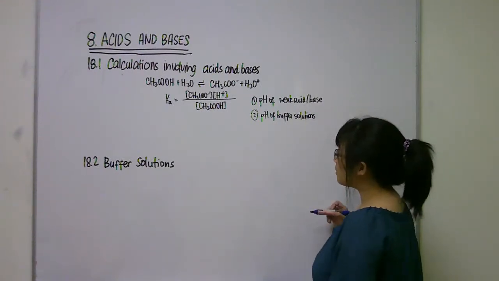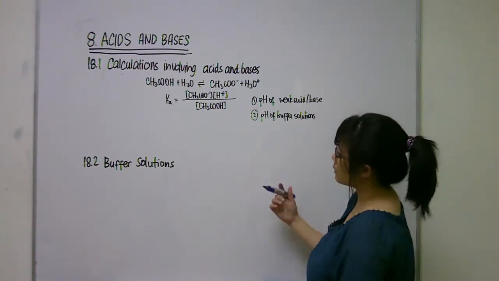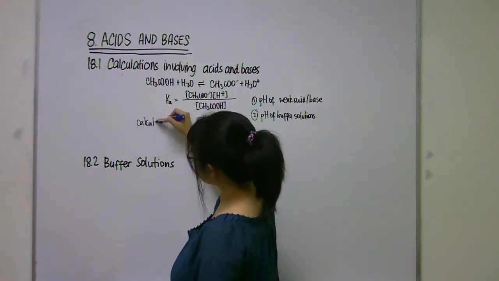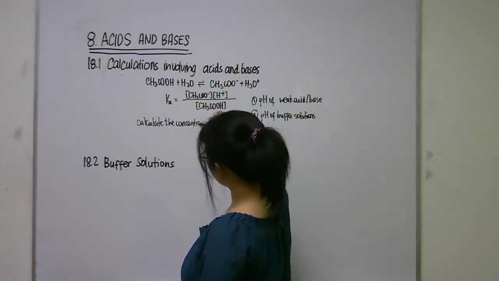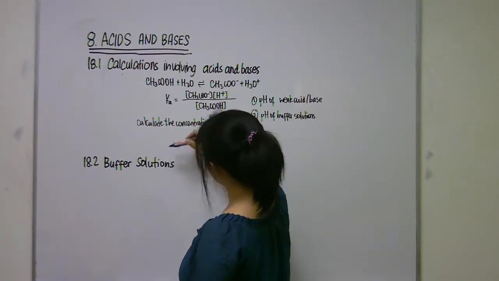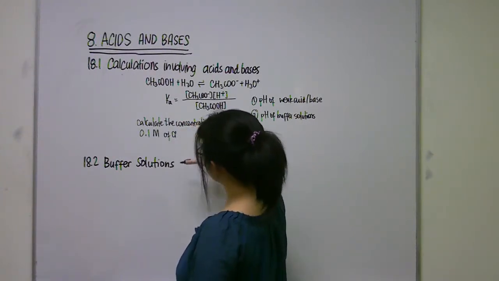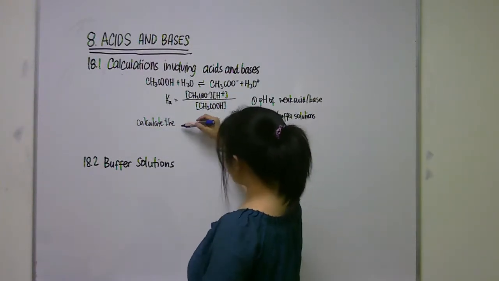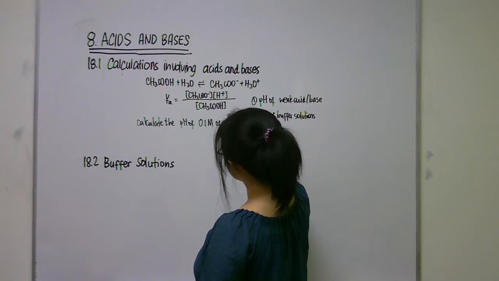A sample of a question that can be asked in this part will be, they'll give you a concentration of an acid, for example: calculate the pH of 0.1 molar of a weak acid.